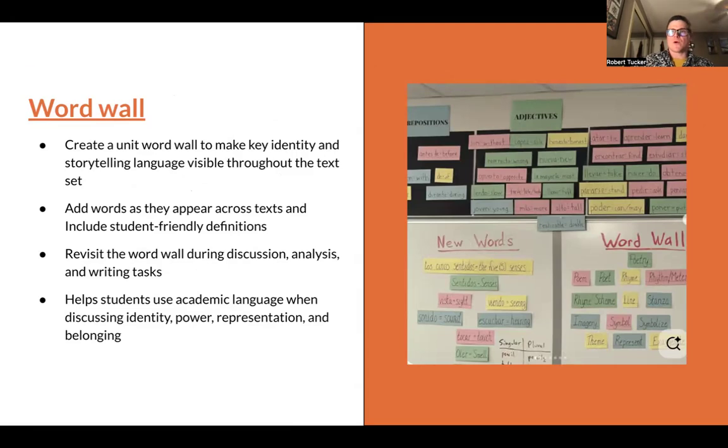So we would create a word wall together, and I would make this a more organic and ongoing process as students encounter either words that we focused on in the Marzano process or just words that come out while we're reading. Let's get them on the wall and define them. Maybe as a new word comes out, we'll then incorporate it into the Marzano process so that we can make sure that we're being consistent and engaging deeply with all of this language.